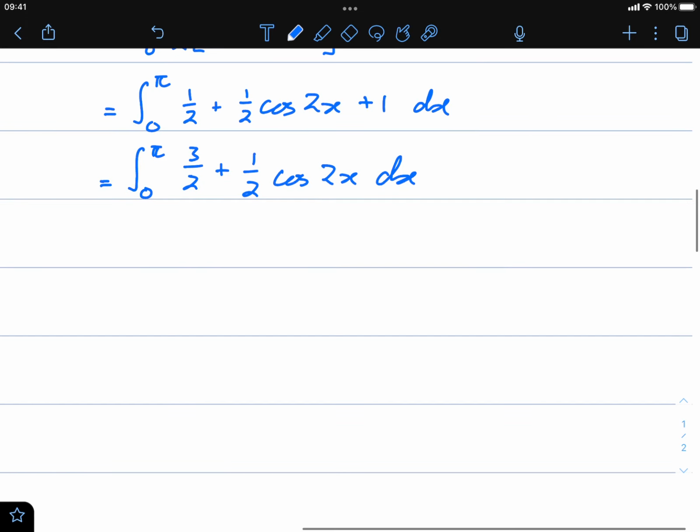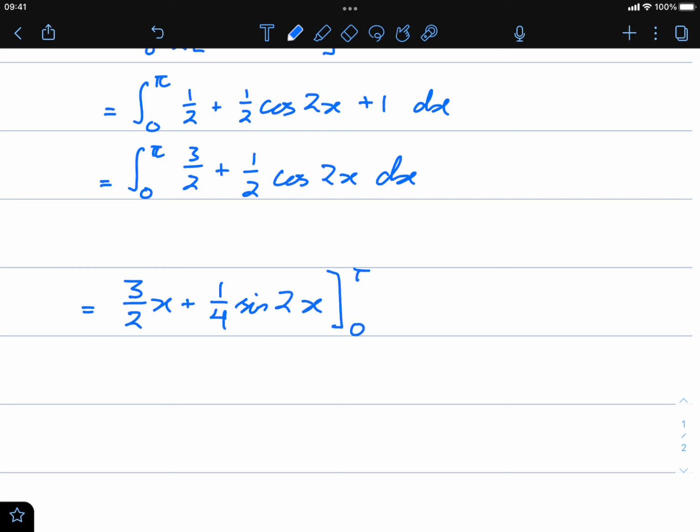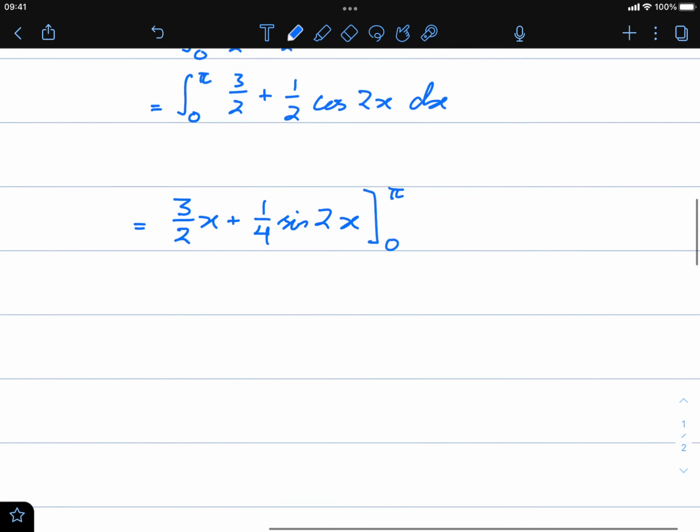And we integrate from this point forward. Integrating this, we get 3 on 2 x plus 1 on 4 sine 2x from 0 to pi.